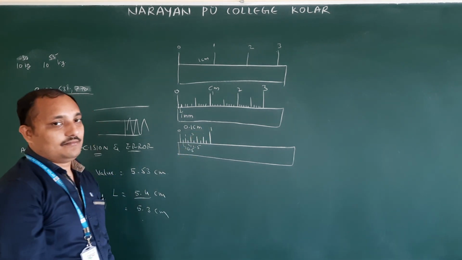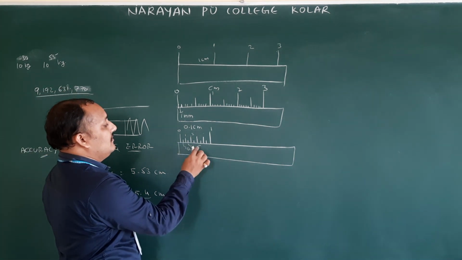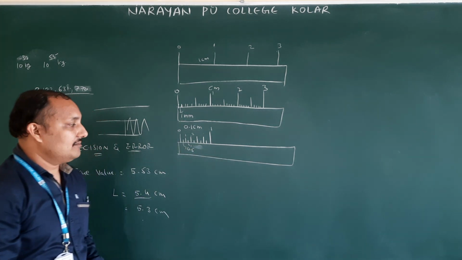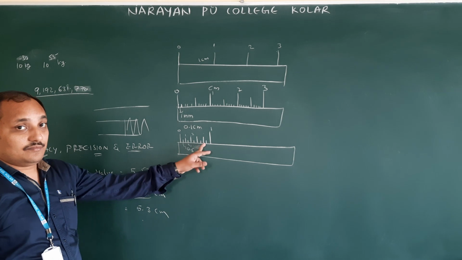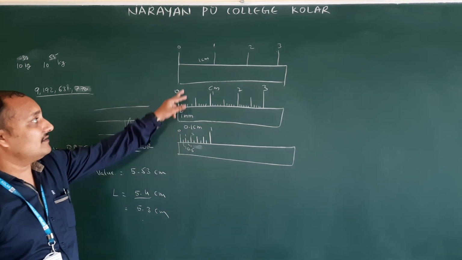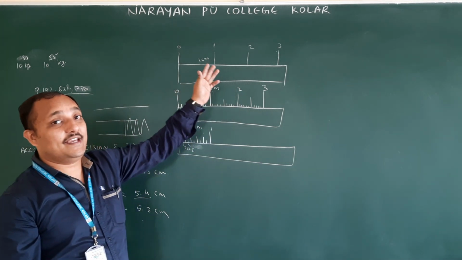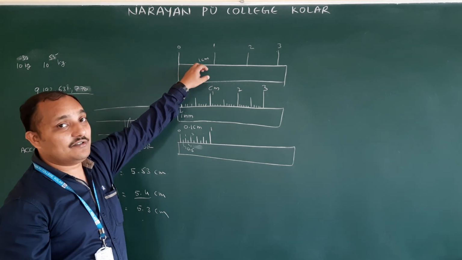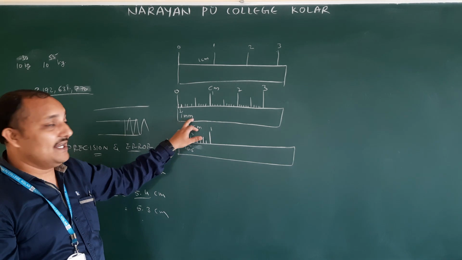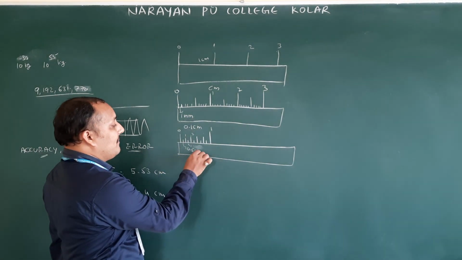So for this one the minimum is 0.5, here the minimum is 0.1, and this one the minimum is 1 centimeter. This is called the resolution of the scale. By using this, we get a minimum of 1 centimeter; by using this, a minimum of 1 millimeter; by using this, a minimum of 0.5 mm.